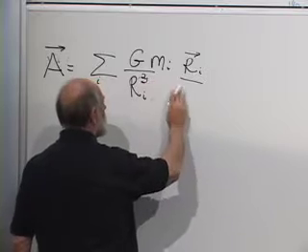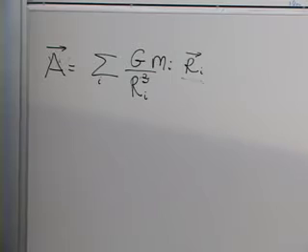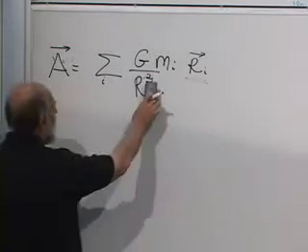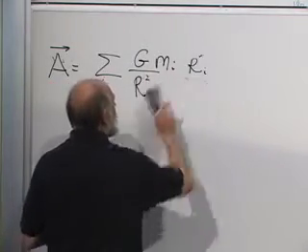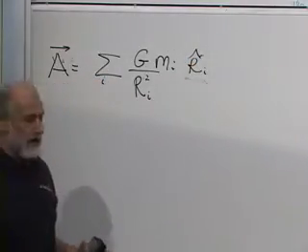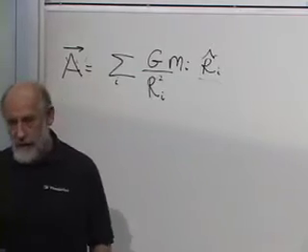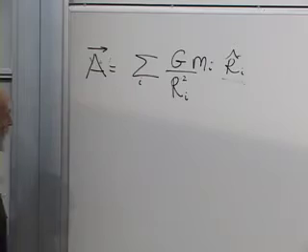We have to make this cubed, because the length of this is r. Another way to think about it is to leave it as r squared and think of this as a unit vector. The symbol for a unit vector, a vector of unit length, is a vector with a little hat on top of it.